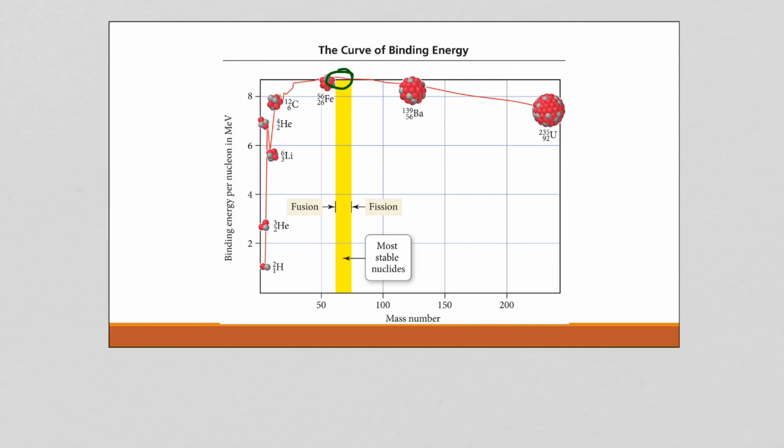If we look for isotopes that have lower binding energies per nucleon than this, then this is where we see nuclei that are able to undergo fusion. A lot of our very light nuclei are where we see fusion occurring, whether this is the reaction powering the sun or other fusion reactions.